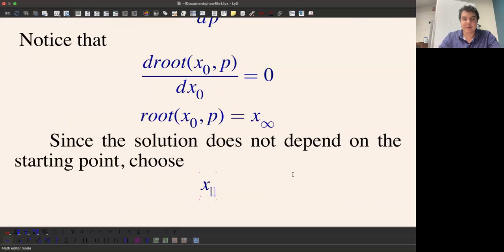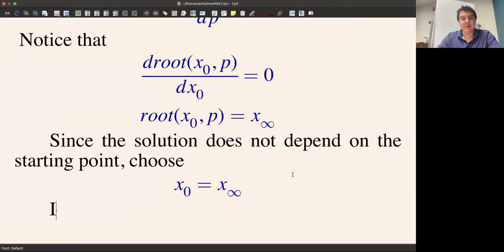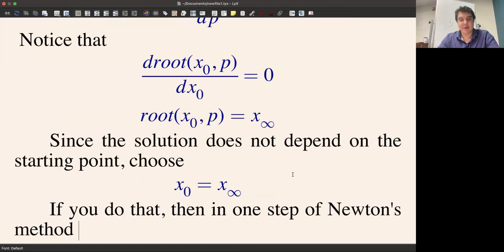choose x sub 0 equal to x infinity, right? Make it be the root. And so if you do that, then in one step of Newton's method, you get the solution, right?